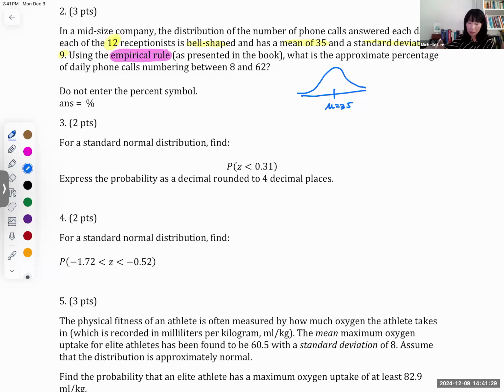Okay, let's find out. So on the right side we have mu plus sigma, where sigma is 9. Can you please calculate? Thank you. All right, so on the left side, we have mu minus sigma, which is 35 minus 9.